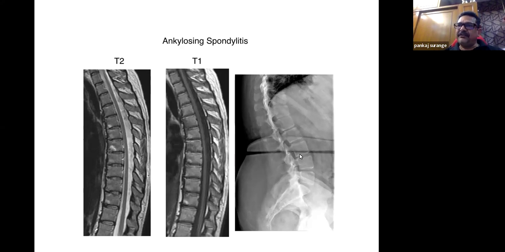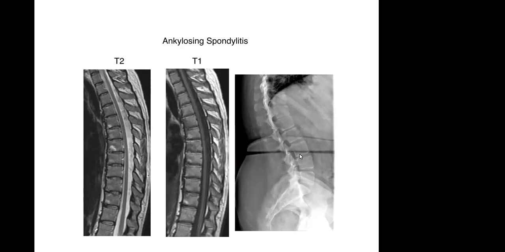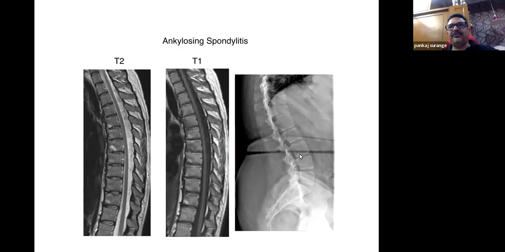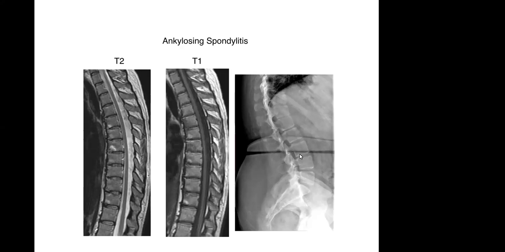Another feature of ankylosing spondylitis. But remember, these are late features. So if you see a normal X-ray, don't rule out ankylosing spondylitis. If you suspect it, we must order an MRI of the spine, even if HLA-B27 is negative. If suspicion is there, you must rule it out.